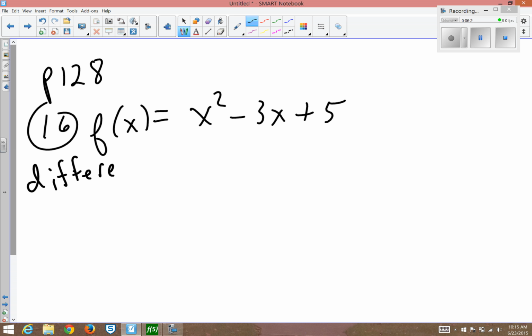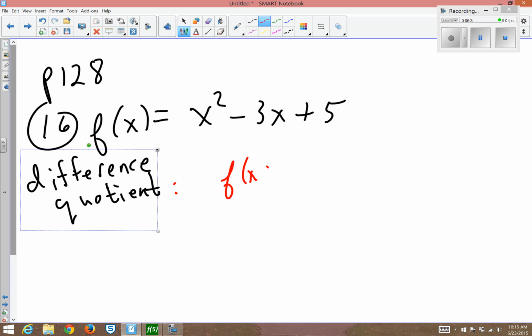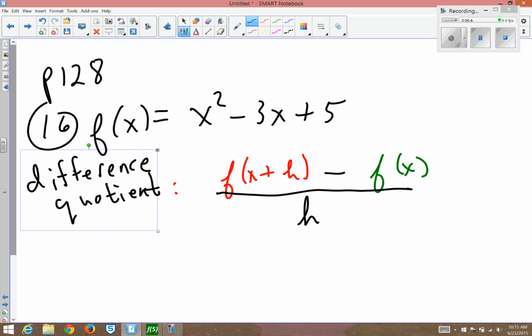The phrase difference quotient means f of x plus h minus f of x, all divided by h. This fraction here is referred to as the difference quotient.